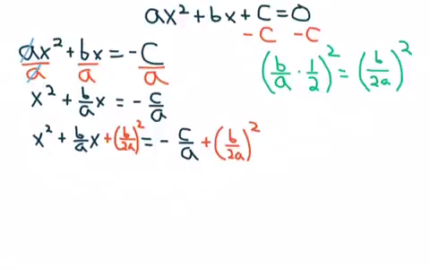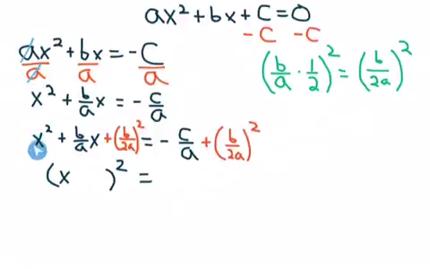Now, what do you think is the next step? It's exactly the same as what we were doing before when we were completing the square, but what do you think the next step is? Yeah, so hopefully you were able to say, just like before, since we completed the square, now we need to factor the left-hand side using that nice trick that I taught you guys. So we know that as long as we're completing the square, that we're going to have this general form after we factor an expression.